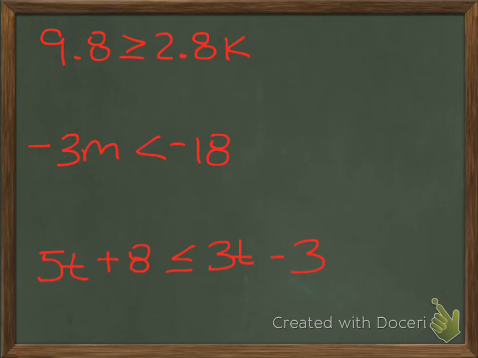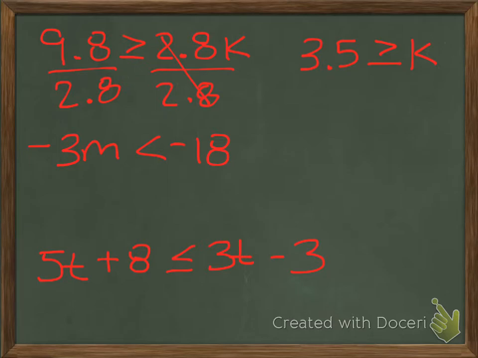The next one, we're going to divide 9.8 divided by 2.8, and that gives us 3.5. And again, leave my k on the right side. My symbol stays the same, and I get 3.5.